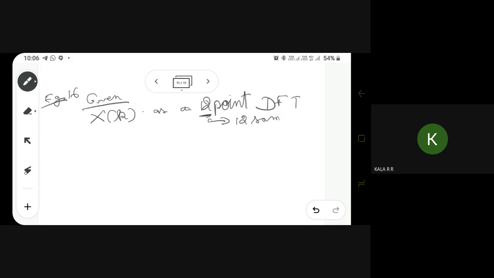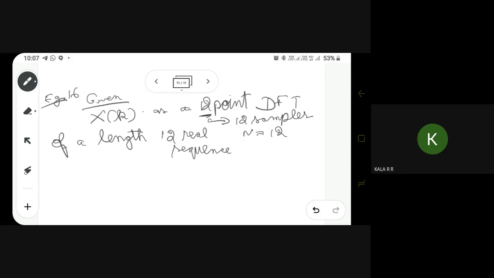So your N value will be taken as 12. Your N equal to 12. Okay. So 12-point DFT of a length. So this length corresponds to the number of samples of a real sequence of length 12. So this corresponds to your number of samples.